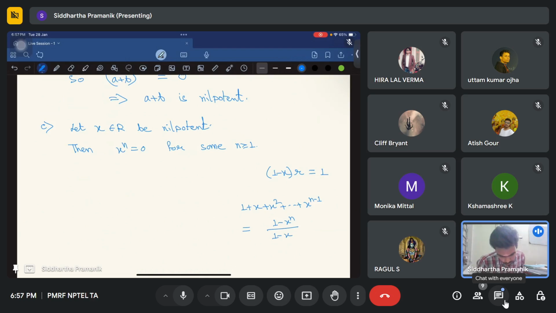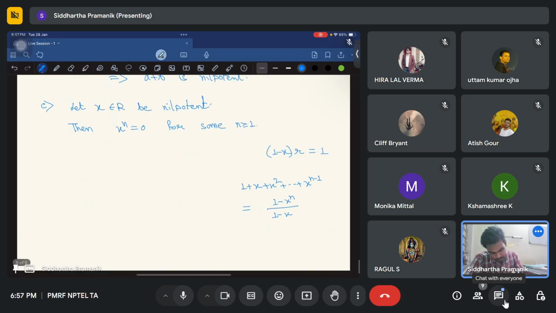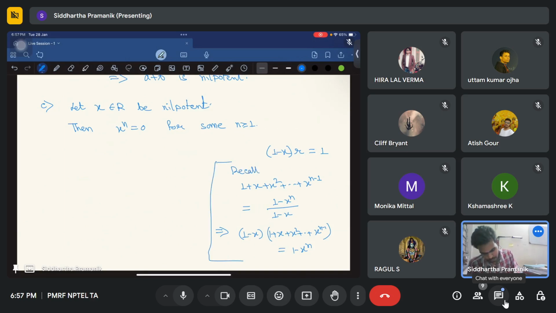If you don't know this, just take it as information. So this means 1 minus x times 1 plus x plus x square up to x power n minus 1 is 1 minus x power n. Right, so let's use this information here.